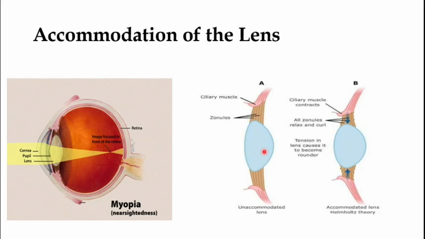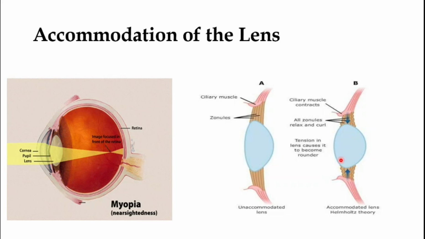In the case of the far vision, when you have to see the things which are far from you, the ciliary muscles will relax and the zonules will retract into their original position and the lens will become flat, and the flat lens will allow the light in the case of the far vision to focus on the retina and we will see the things far clearly.